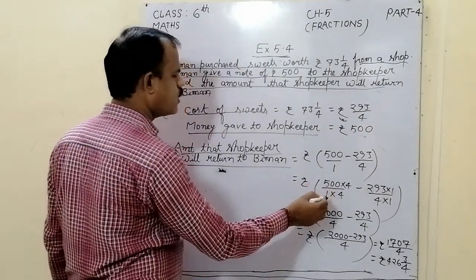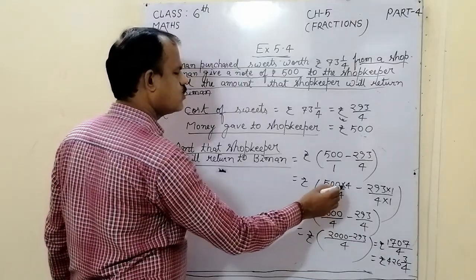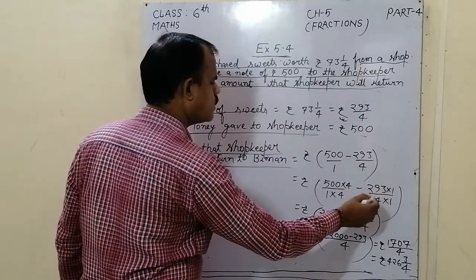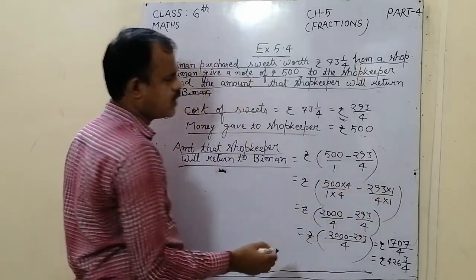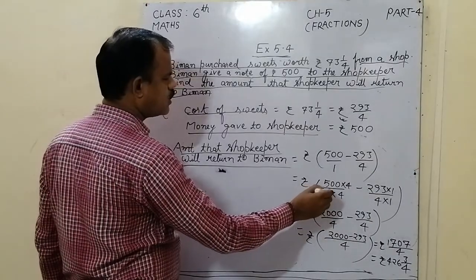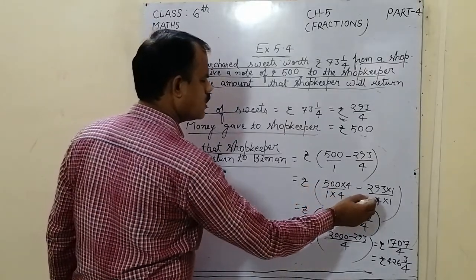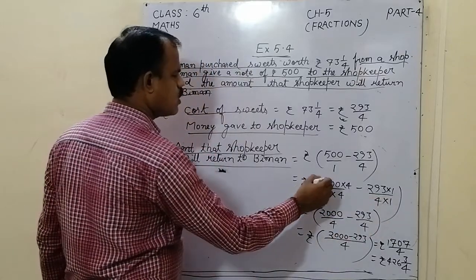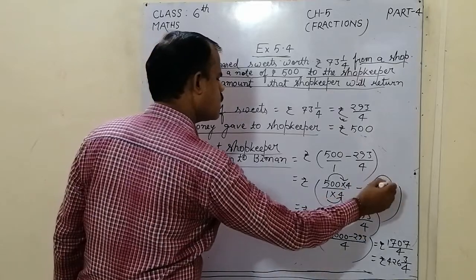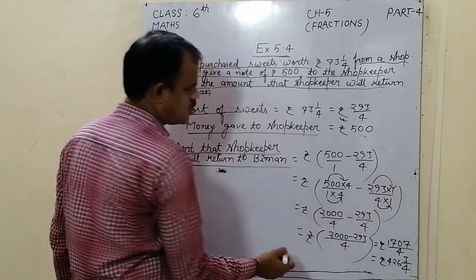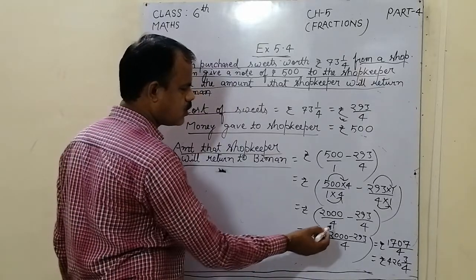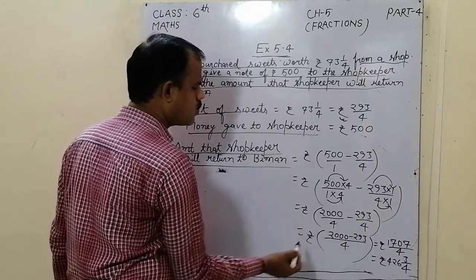So 500 by 1 into 4 by 4 we multiply here, and here 293 by 4, because LCM of 1 and 4 is 4. So after multiplying it becomes 2000 by 4, and it becomes 293 by 4. See here, now both the fractions become like fractions. Why? Because both the denominators are equal.